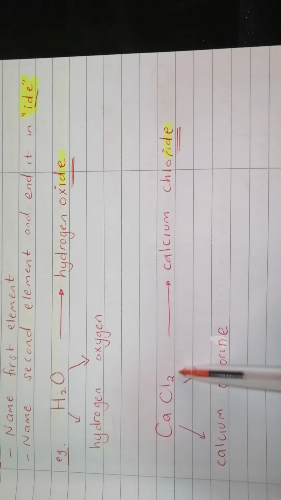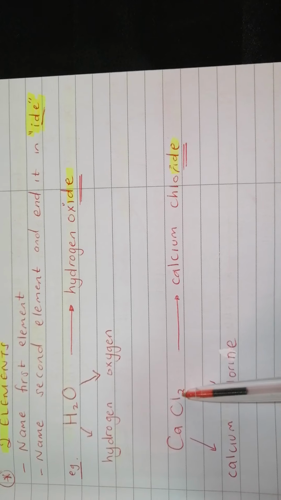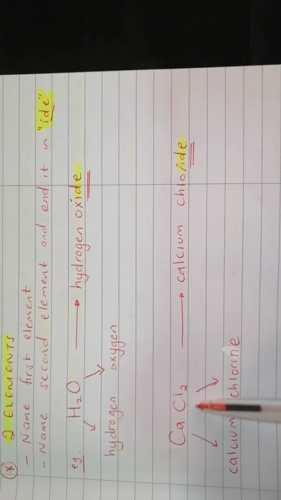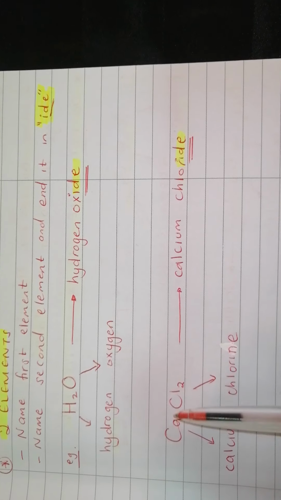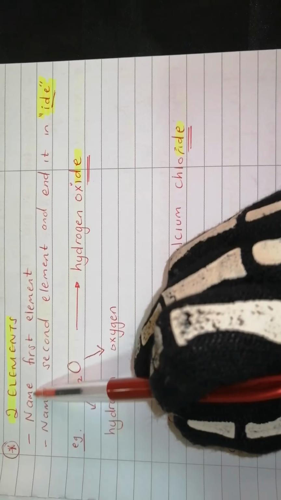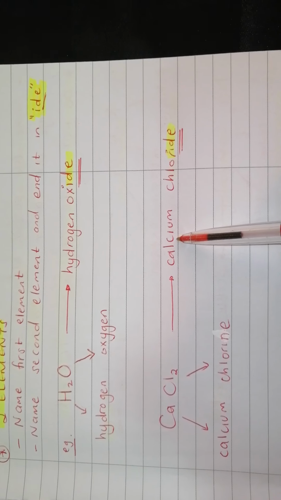Let's look at this compound here. You have one element which is calcium, and then you have another element which is chlorine. Again, when I tell you two elements, I do not mean the numbers here, so just ignore all of the small numbers you see. Just look at the actual element itself. We're going to name the first element, which is calcium.